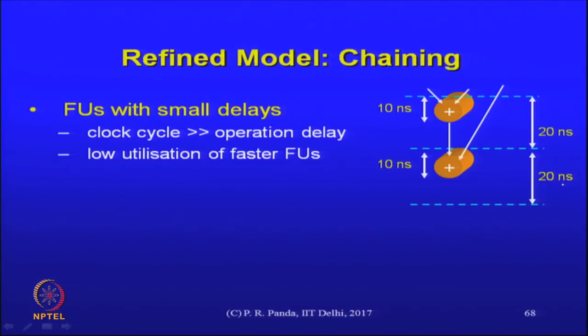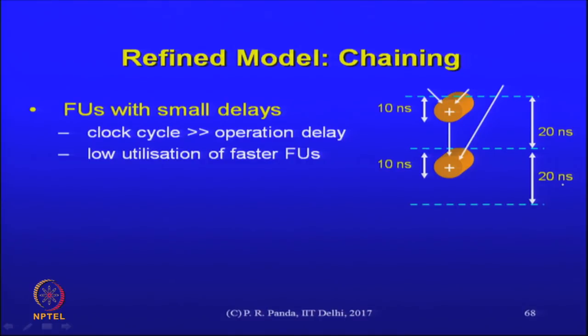How about generalizing in the other direction, where the clock cycle is given and the FU delays are not too large compared to the clock cycle, but too small compared to the clock cycle? So small that in fact dependent operations could be scheduled into the same clock cycle.